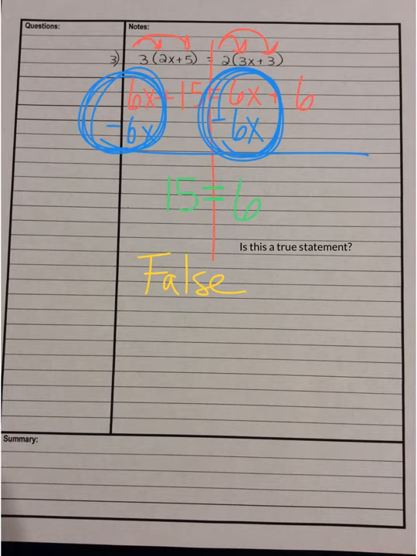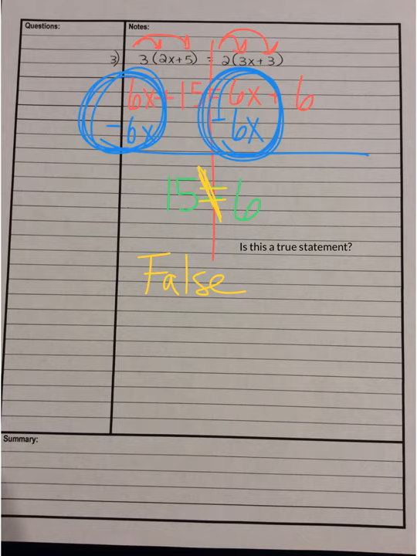We cannot have 15 equal to 6. That is truly a contradiction. This is not true. It is false. And so this solution is nothing will work. There is no answer for x that will make this true.